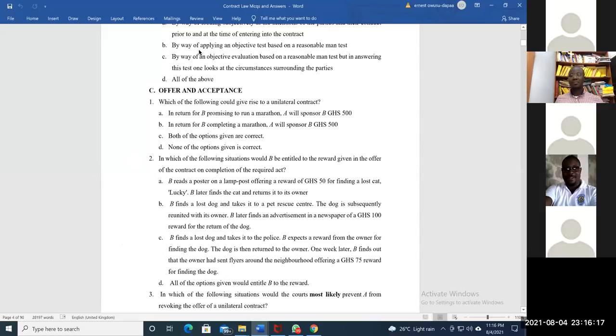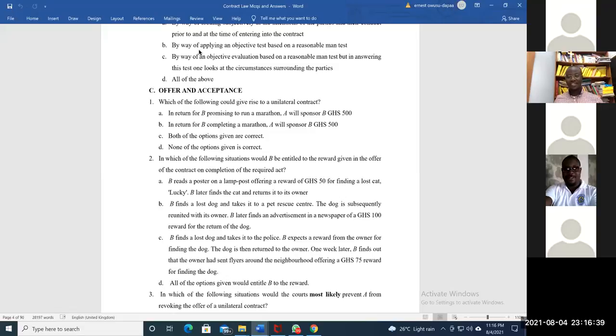But another thing I also understand is where someone says do this for me, and if you are able to do it, I am going to give you 100 Ghana cedis. So I think that one is a bilateral offer. So the emphasis here is on the promise, whether it is going to be accepted or not. All right, thank you very much.